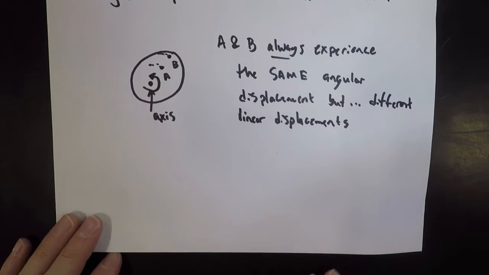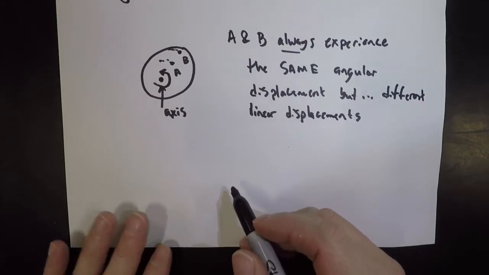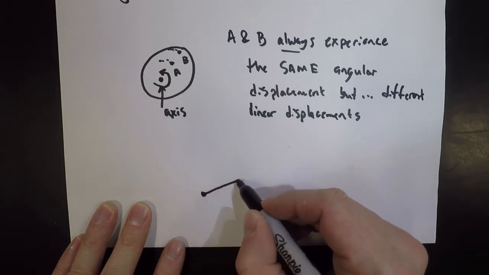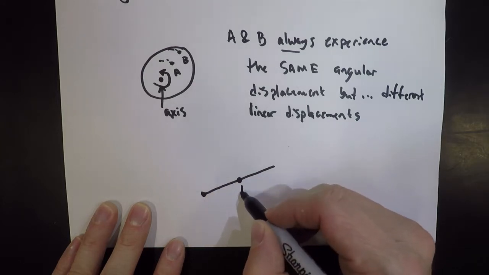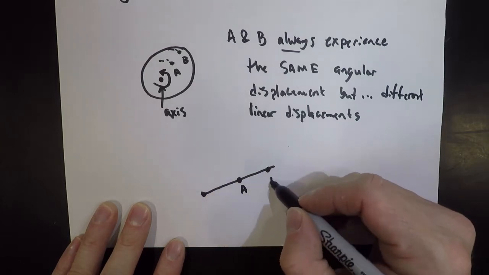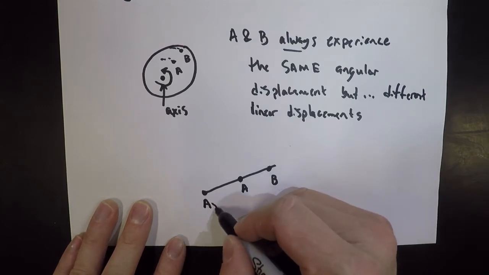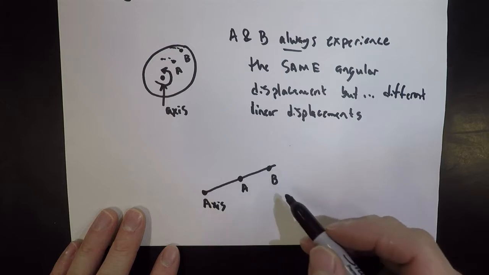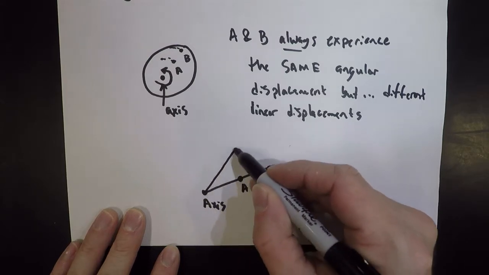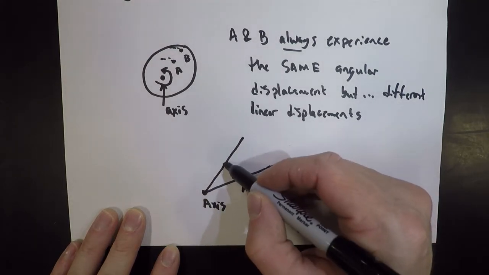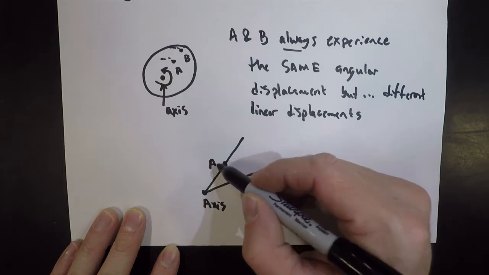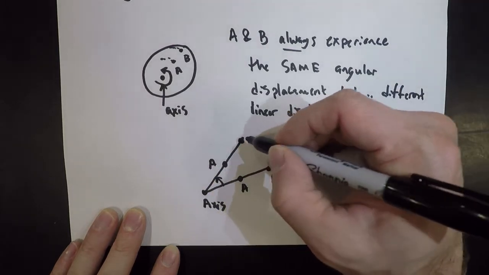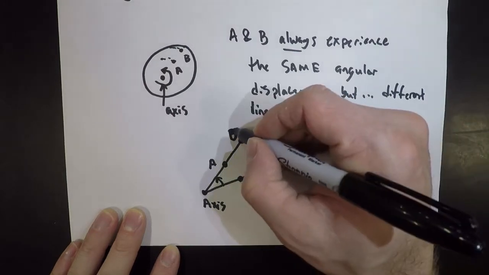So if we were to zoom in on that and look at it a little bit closer, we might see something like this. If we were to draw a line from our axis of rotation, say this is point A, and this is point B, here's our axis. As this thing rotates, this whole reference line is going to rotate to a new position. And so sometime later, point A is going to be here, as this thing experiences its angular displacement, and point B is going to be here.